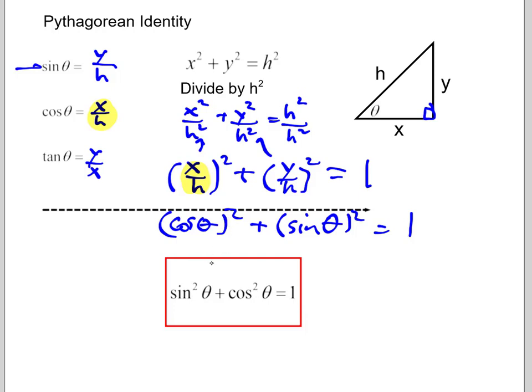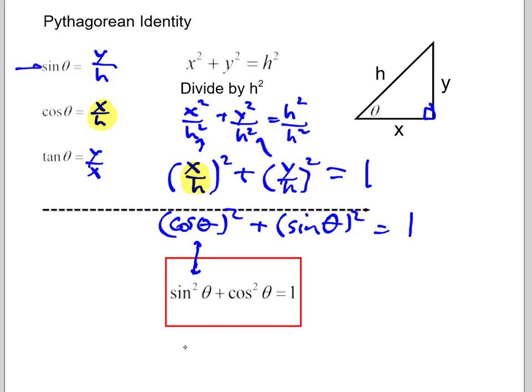So please notice, both of these are correct the way they're written. Usually, though, the little squared term is written inside on the sine. That can be a little bit confusing for some people, so just make a little note of that. These two things are exactly the same. Okay, and now it doesn't always have to be written this way.